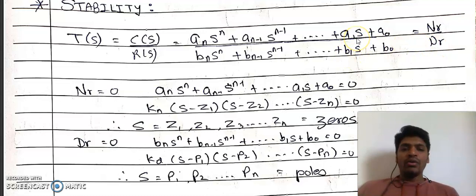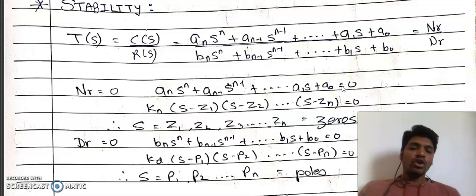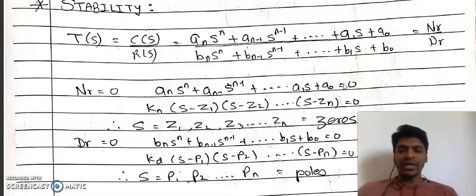So now how to find the roots of the numerator polynomial? I will just equate the numerator polynomial equal to 0, so a_n s^n plus a_(n-1) s^(n-1) and so on, up to a_1 s plus a_0 constant, right? So it is a simple polynomial equation in terms of s, okay?